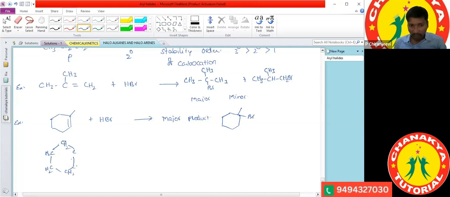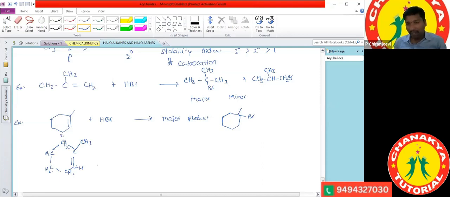Here the carbons already have a double bond, and here it attaches with the methyl group, CH3. This carbon has one hydrogen atom. This is the complete representation of the given structure.